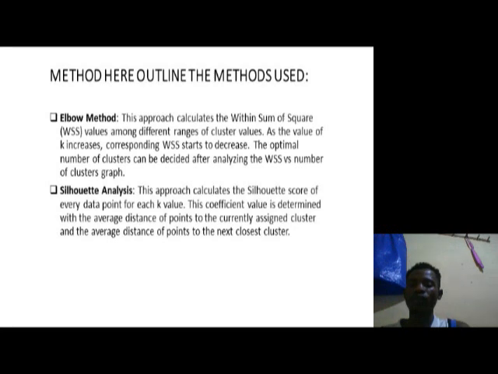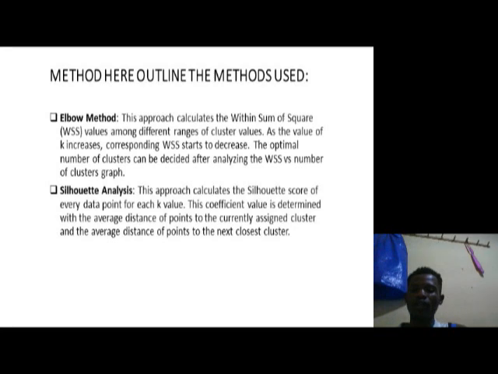This approach is calculated within the sum of squares, and we use a graph. The optimal number of clusters can be decided after analyzing the WSS, which is the within sum of squares.